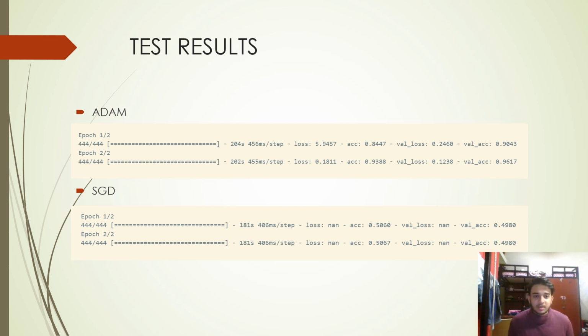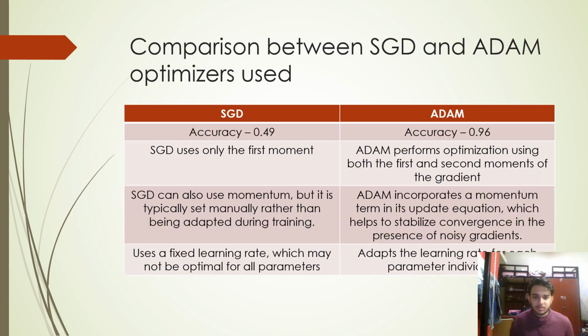We can see in the ADAM optimization algorithm, the accuracy values are approximately twice that in the SGD. That happens because ADAM is essentially a more efficient algorithm which requires fewer iterations to converge to an efficient solution state.